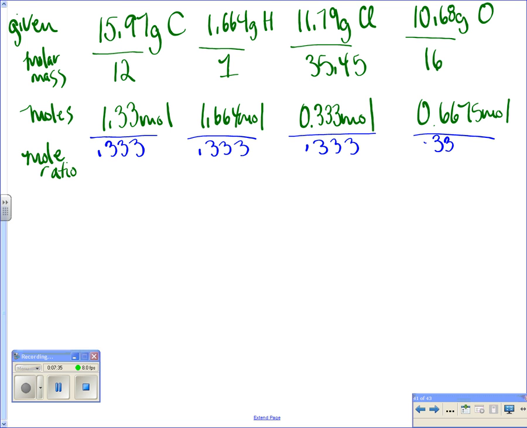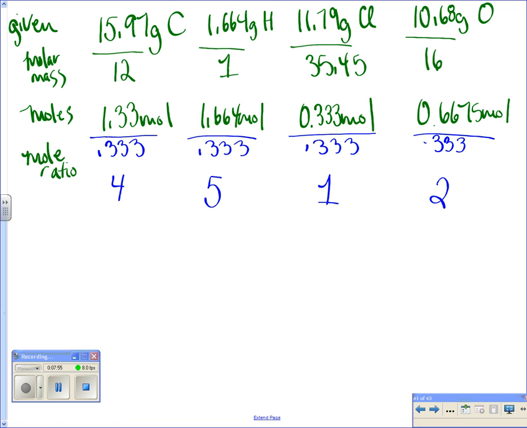Notice that we're doing something to everybody. So we divided by their molar mass to get their moles. We divide them all by the smallest. And so when you do that, this equals 4. So my mole ratio is going to be a 4. And this is going to equal 5. Obviously this is 1. And then this is 2.